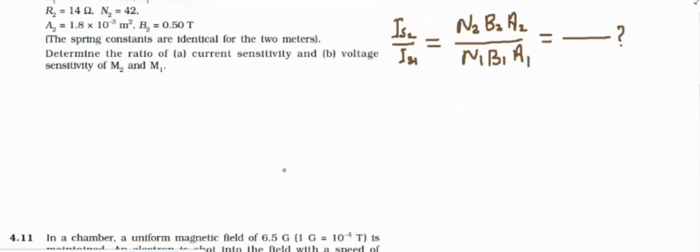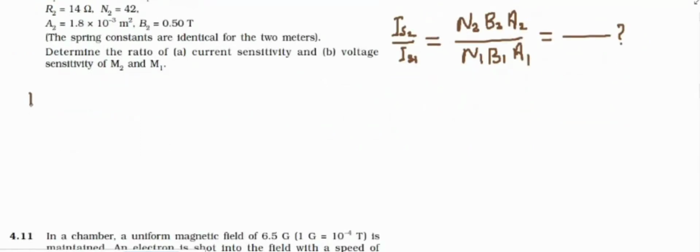Next we have voltage sensitivity for part B. First we can take the voltage sensitivity of the first galvanometer, VS1. VS1 is equal to IS1 upon R1, and VS2 is equal to IS2 upon R2.